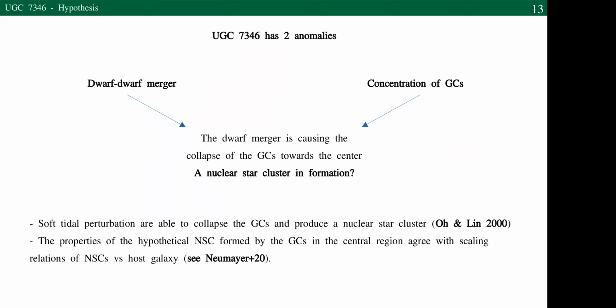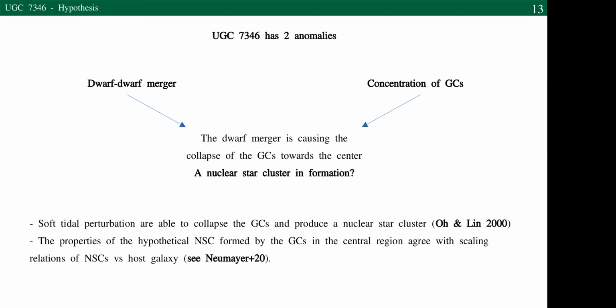So let's put together what we have here. This galaxy has two anomalies. On one side, this is a case of a dwarf-dwarf merger with two different stellar components. And on the other side, we see a very high concentration of globular clusters.